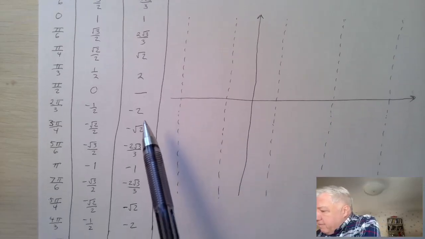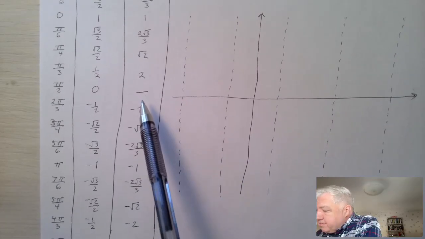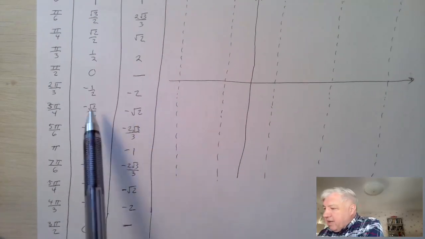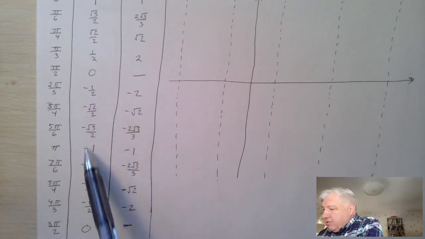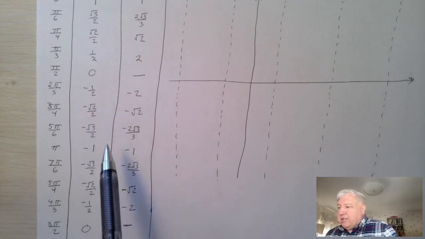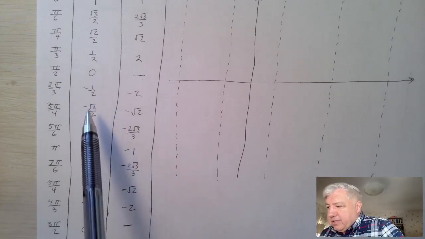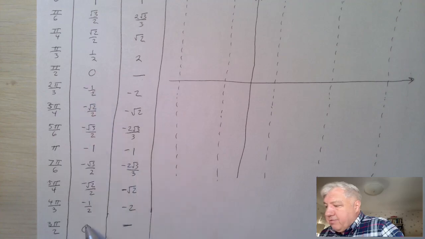Now from pi over 2 to 3 pi over 2, we see that all these values are negative because the cosine is negative. Remember, the cosine is negative in the second and third quadrants, and that's from pi over 2 to 3 pi over 2.